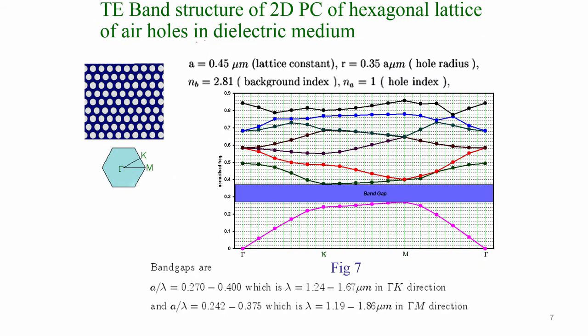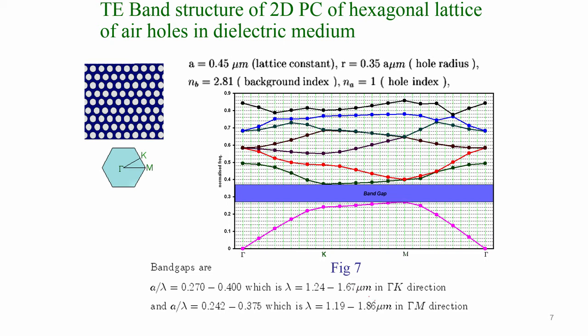So, this is a TE band structure for a 2D photonic crystal of a hexagonal lattice of air holes in the medium, and this is the K direction, this is the M direction, and so on. So, here you have a lattice constant of 0.45 micron, a hole radius of 0.35 micron, and a refractive index contrast of 2.81 and the hole index of 1.